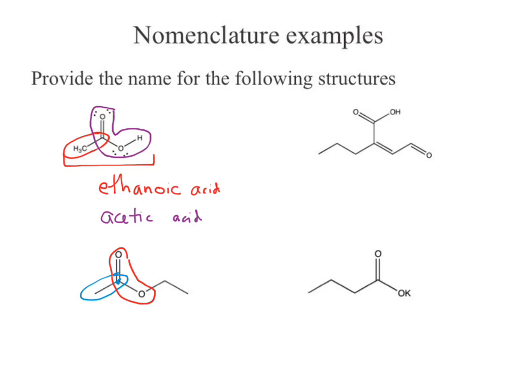We've got our ester, so we could go through and refer to this as, since we're at an ester, we won't call it an ic acid, but we'll call it ethanoate. Is there a substituent on the ethanoate? What is that substituent? 2-carbon structure, we have ethyl ethanoate.